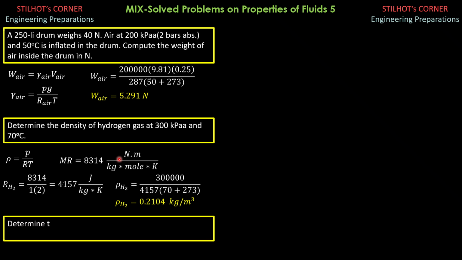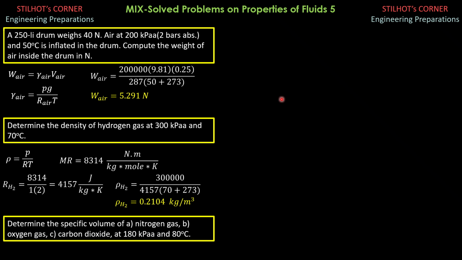Next problem: determine the specific volume of A, nitrogen gas, B, oxygen gas, and C, carbon dioxide at 180 kilopascals absolute and 80 degrees Celsius.